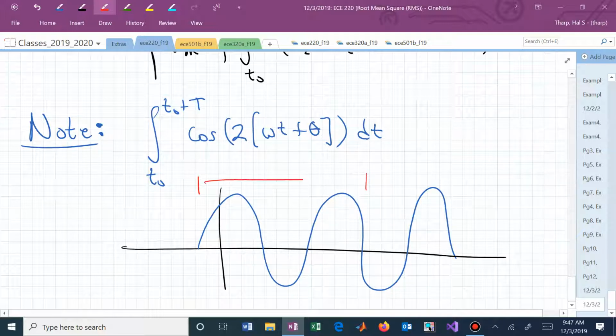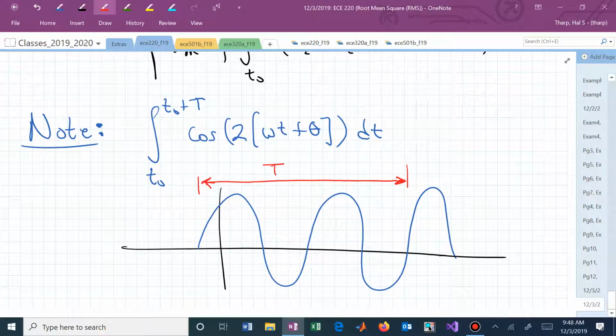Here's now the one period of the waveform. Let me get the right location. It's now this. I've now gone through 2 humps and 2 valleys.